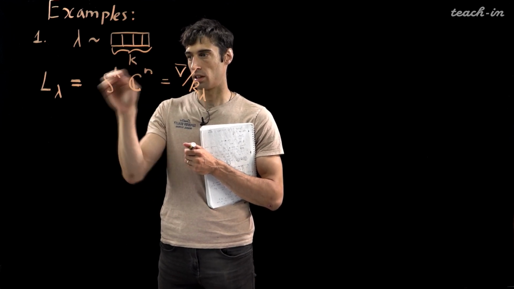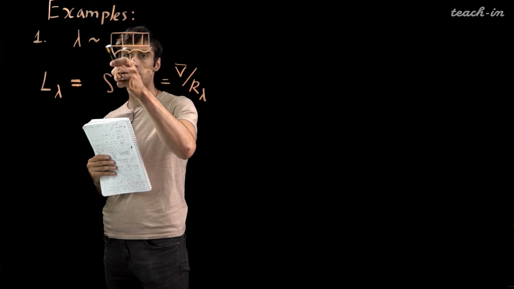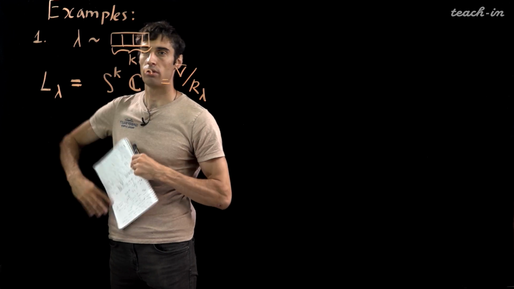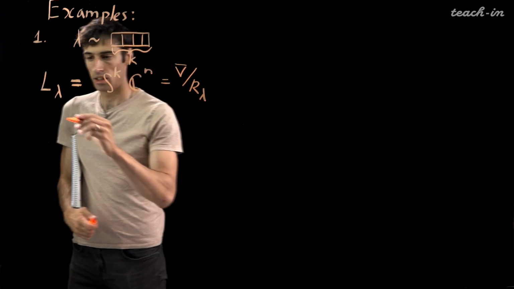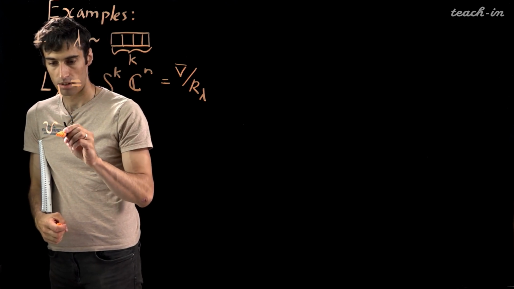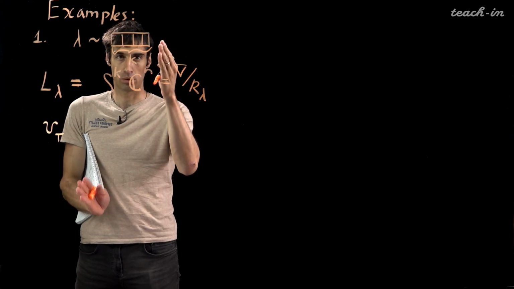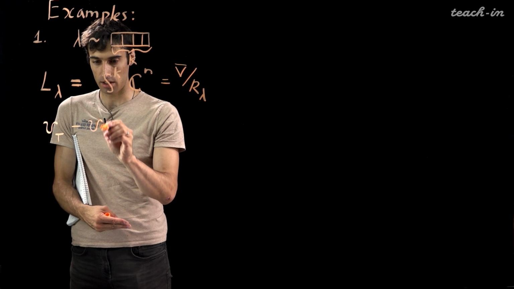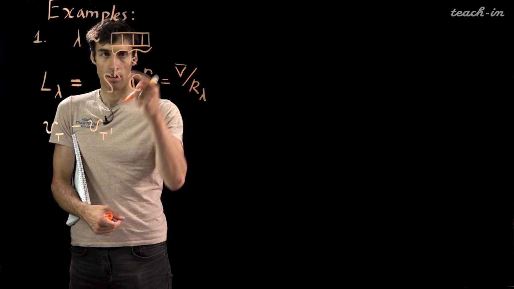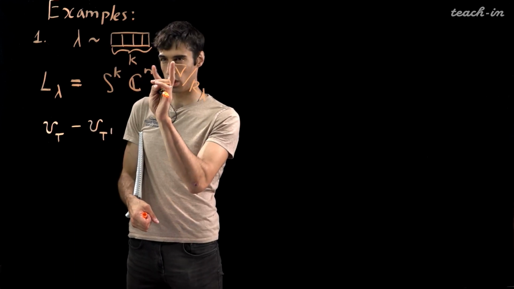So if I take some filling of this row of boxes, VT, then in exchange I just need to pick 2 boxes and switch them, and then it will be VT minus VT prime, where T prime differs from T by switching 2 boxes.